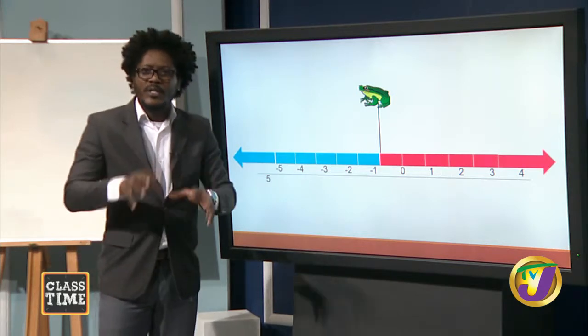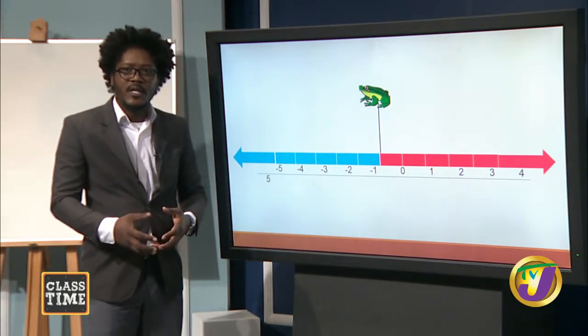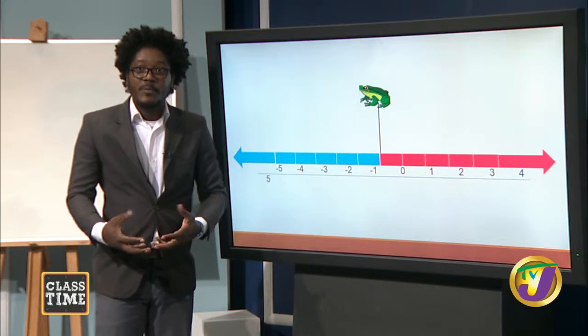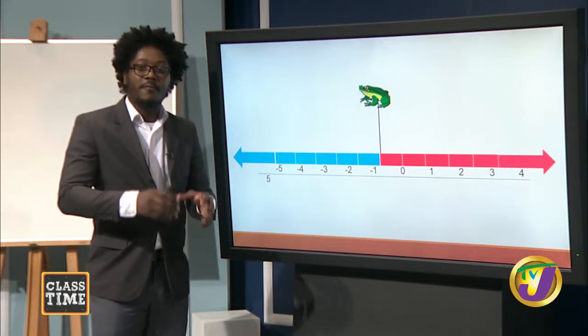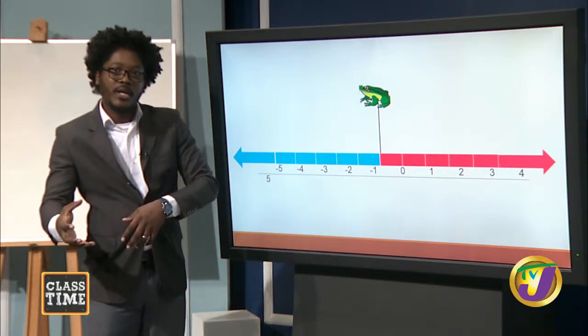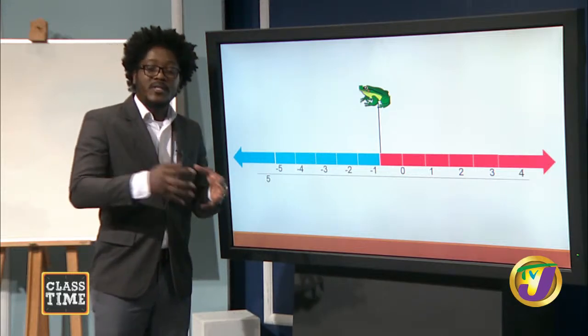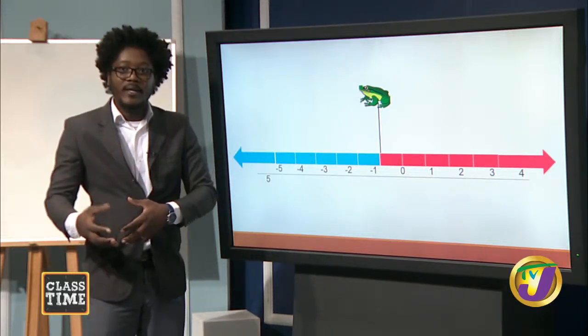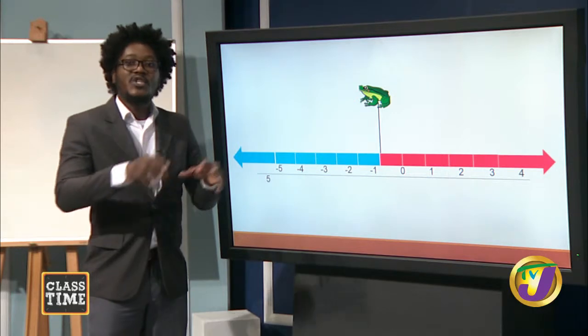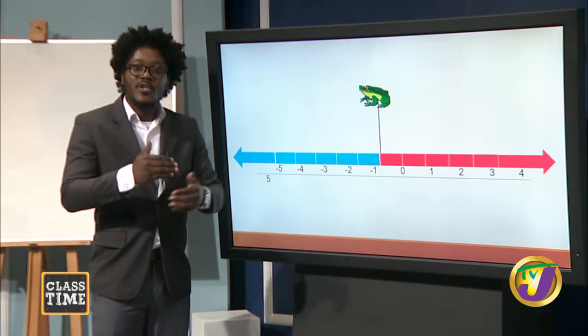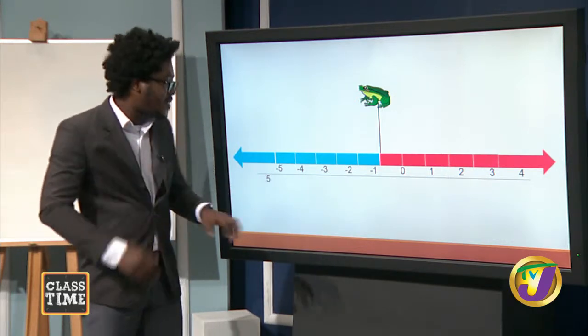And that's very important when we're considering multiplying directed numbers, because remember, directed numbers give both size and direction. So both numbers that we are multiplying are directed numbers, so both numbers are giving us some direction and some size.